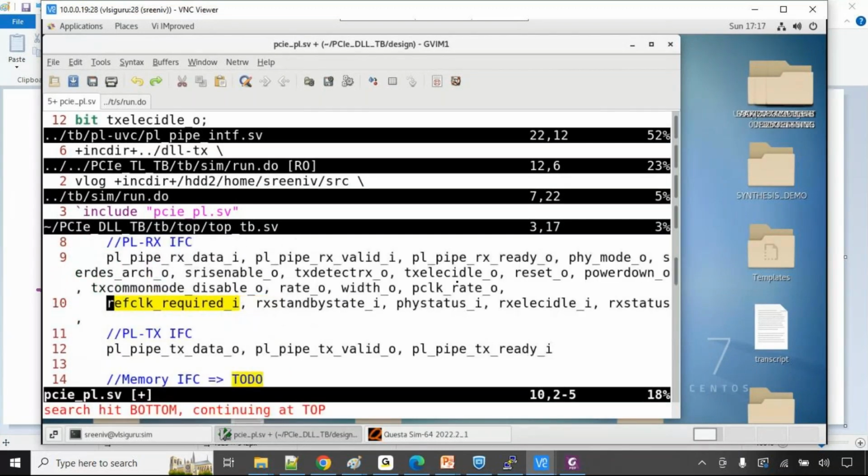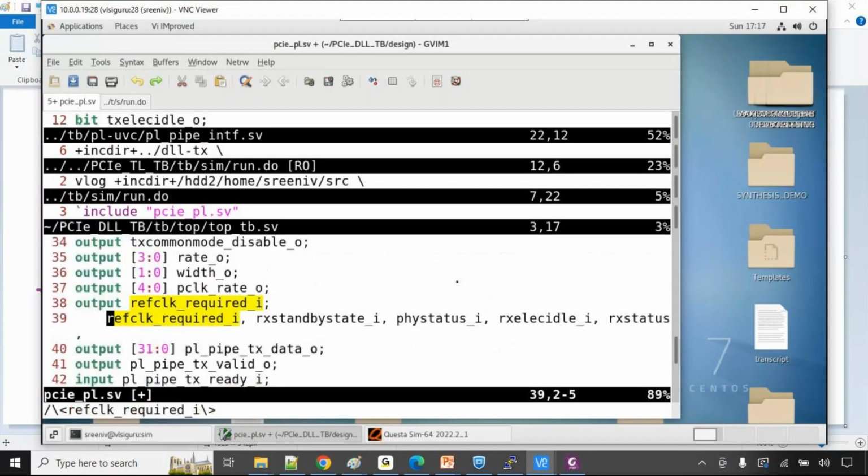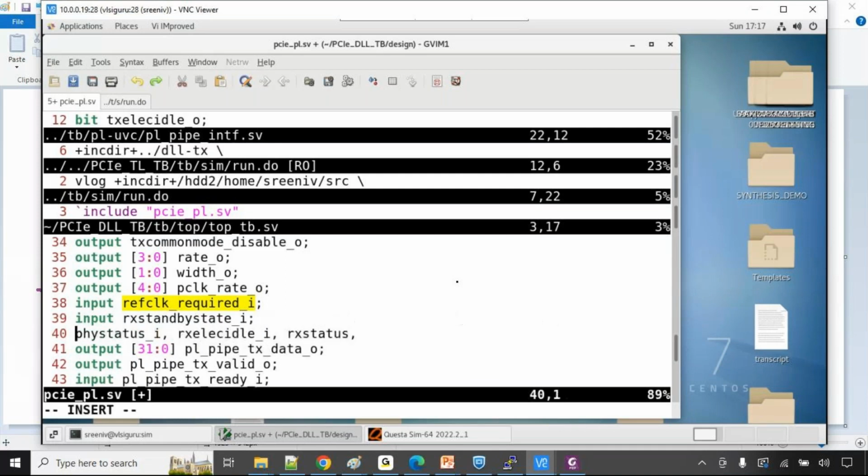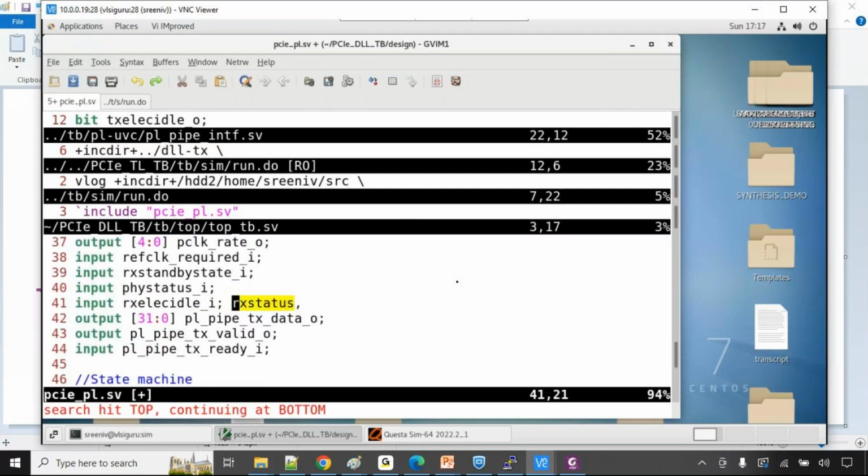I think this whole thing is not declared at all. Input. Input. RX status also, let's declare as input only.